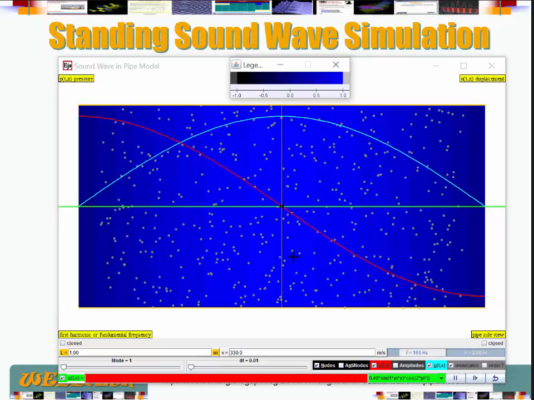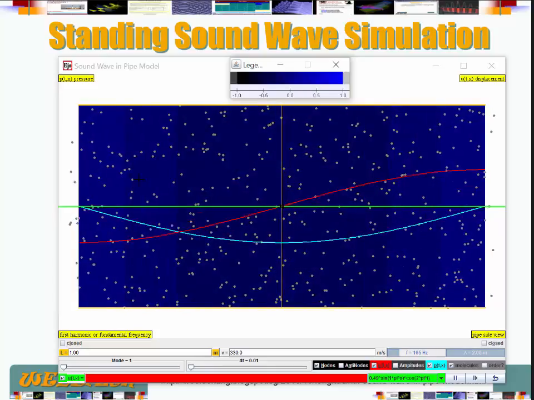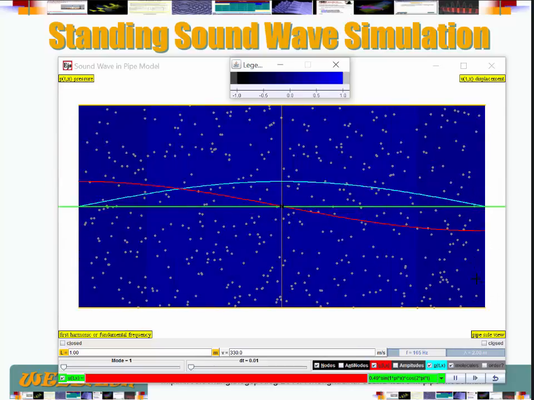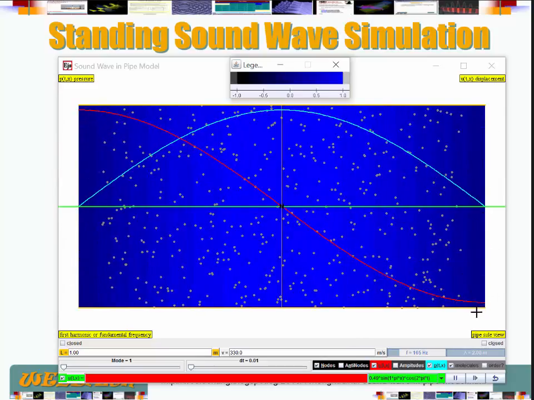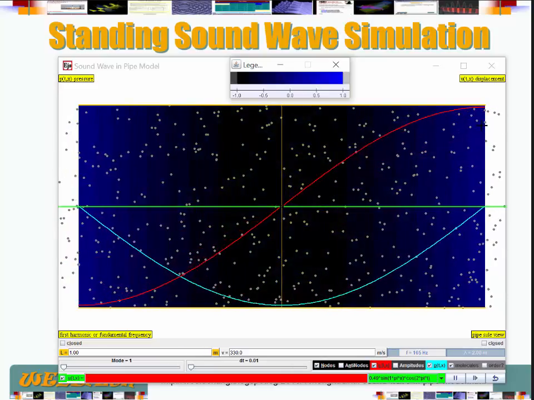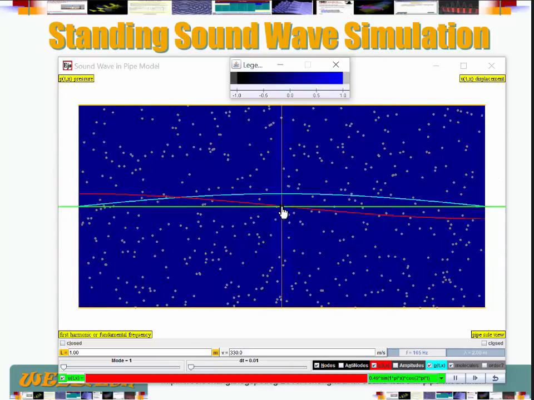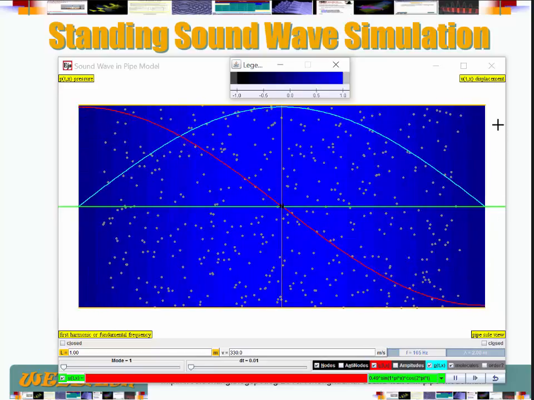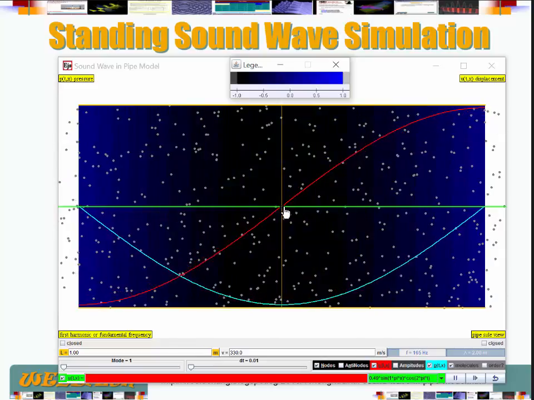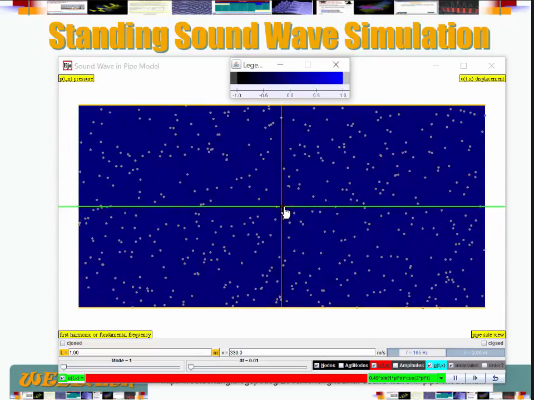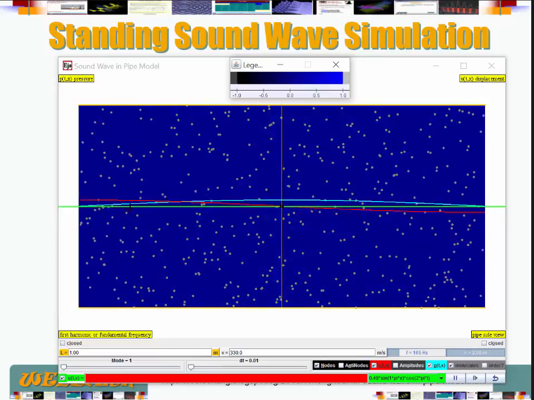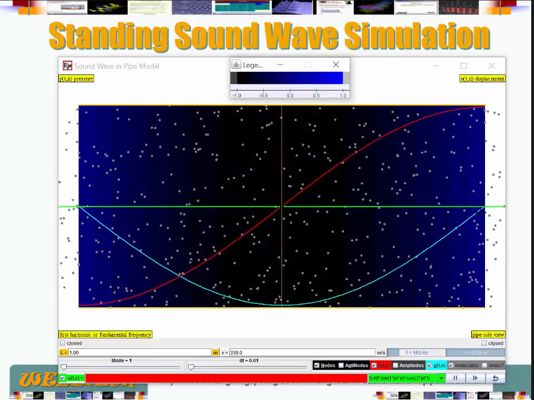So this is the fundamental frequency for a pipe that's open at both ends. So we have antinodes for the displacement, the red curve, and a node in the middle. So we have antinodes at the open ends and a node in the middle. If we look at the pressure instead, we have nodes at the open ends.